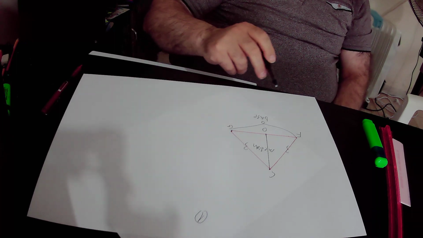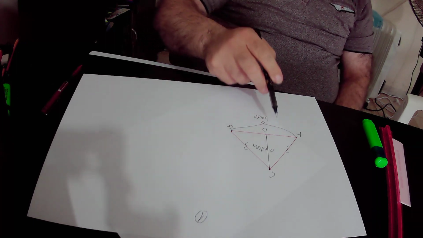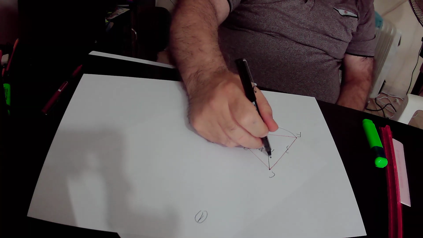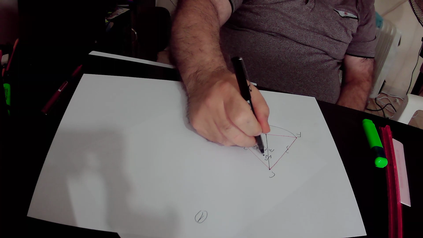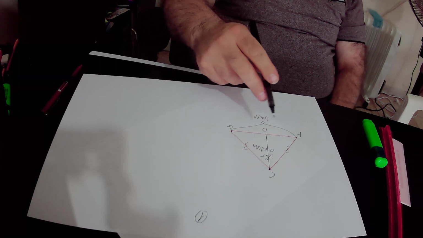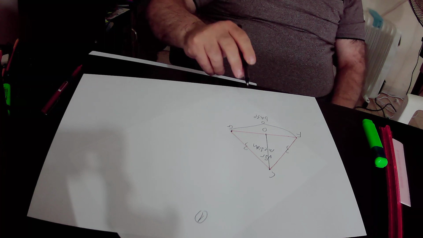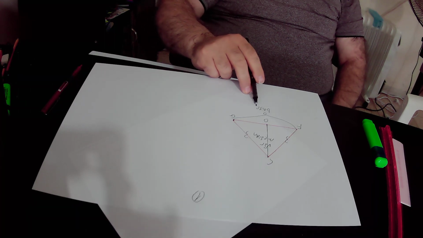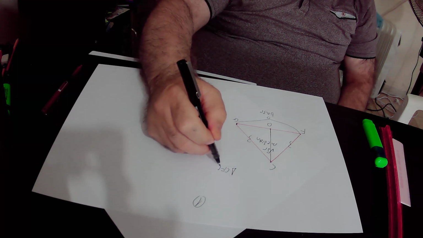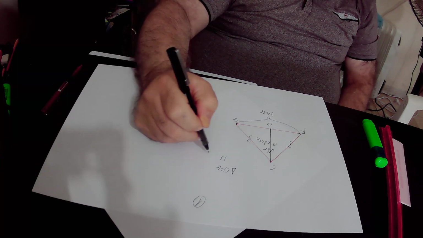Here we know that the median to the base is CO, that is equal to square root of 2R. The base of the isosceles triangle CFG is FG, as you can see here.